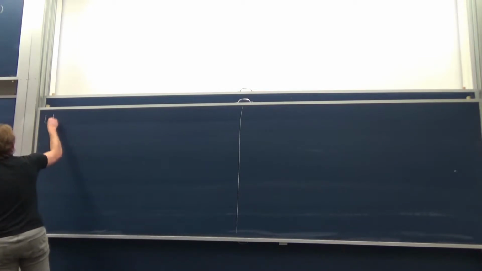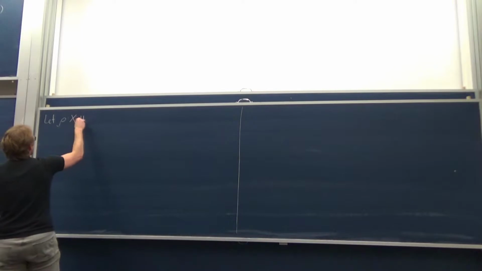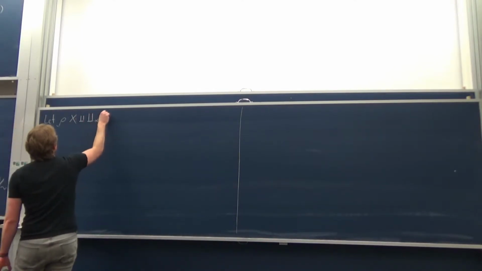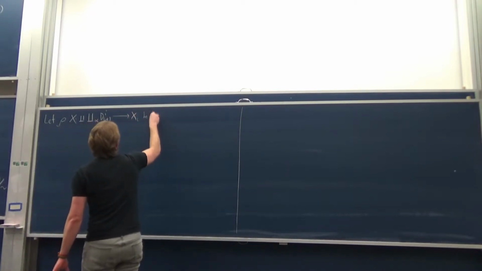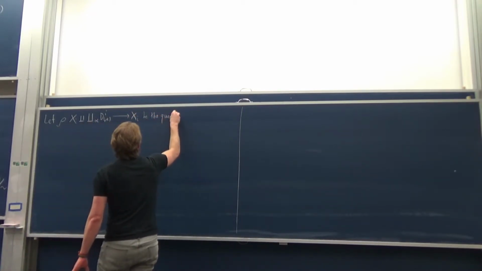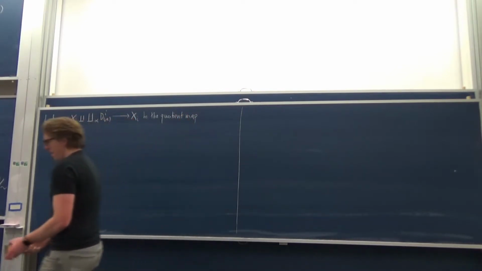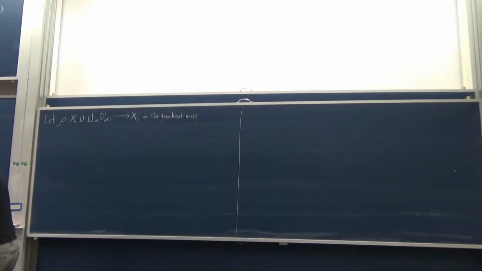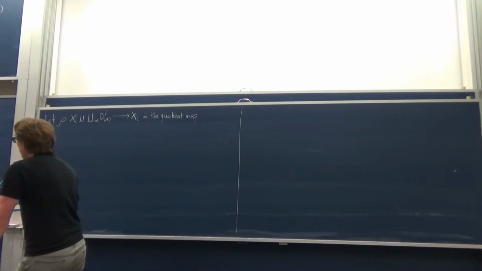All right, so let rho be the quotient map. Now what I want to do is actually describe explicitly what this relation tilde is.